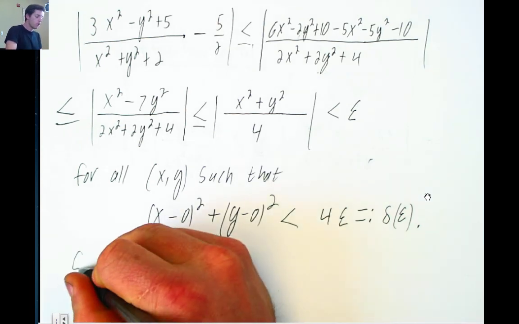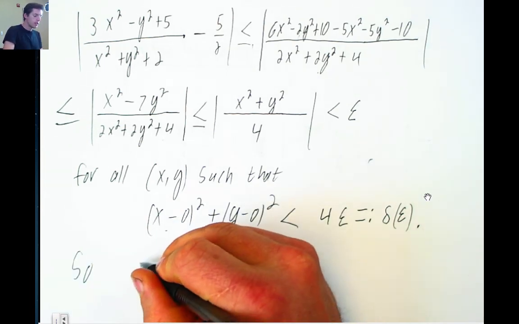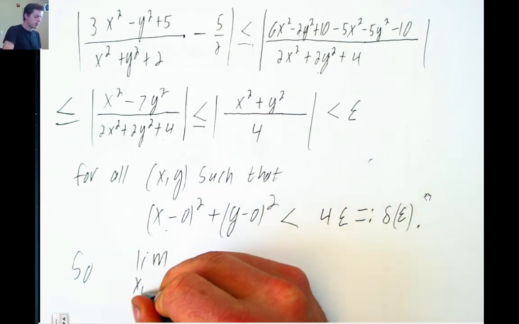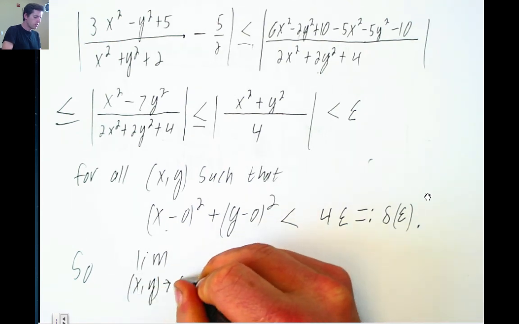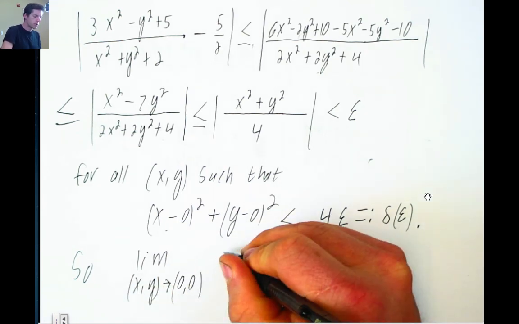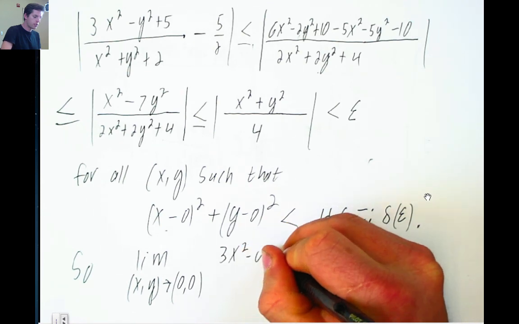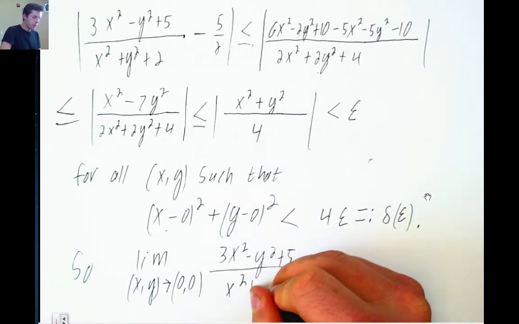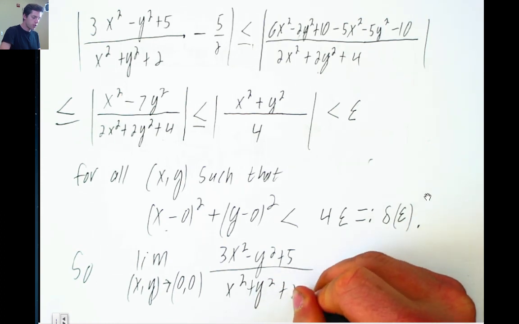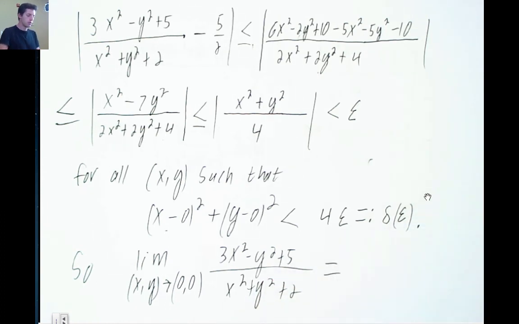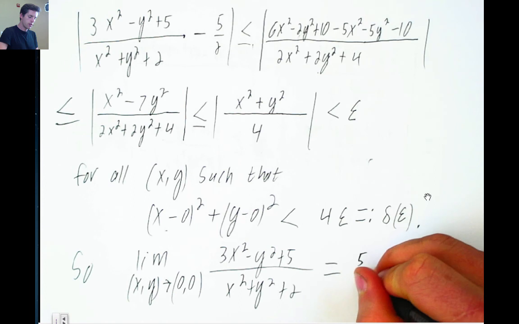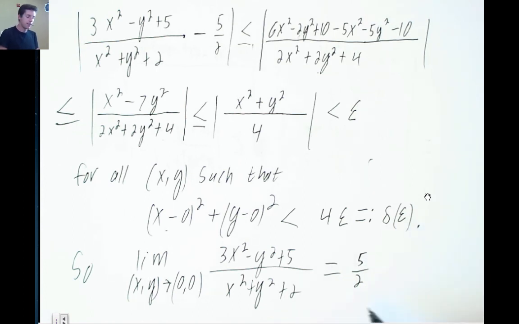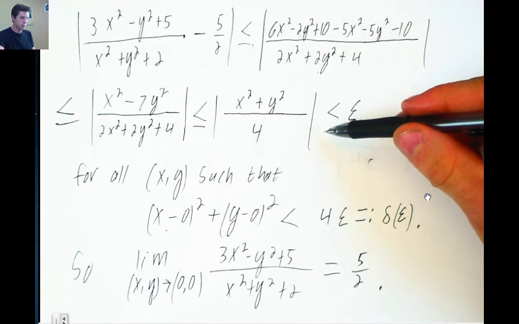Okay, so I can conclude the limit as x, y goes to 0, 0 of that big old clunky expression 3x squared minus y squared plus 5 over x squared plus y squared plus 2 is equal to 5/2. But of course I had to have the suspicion that the limit was 5/2 before I even started this procedure. Okay.